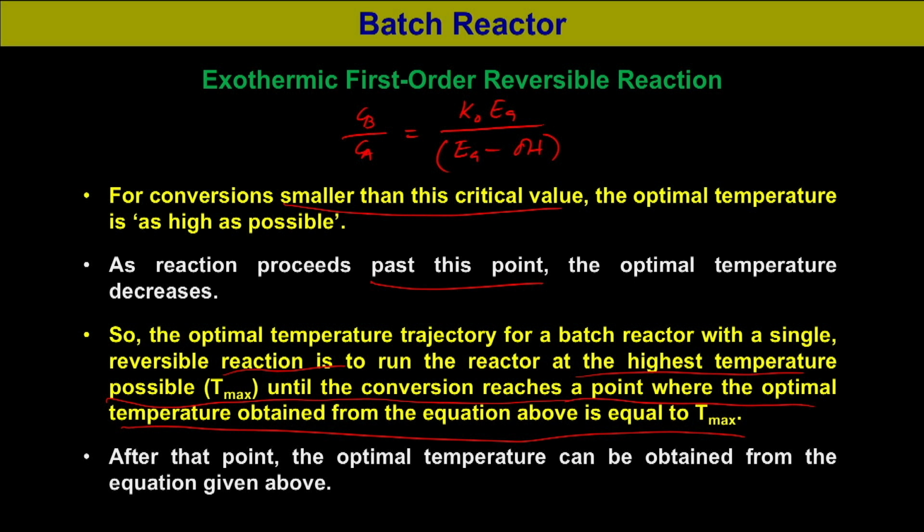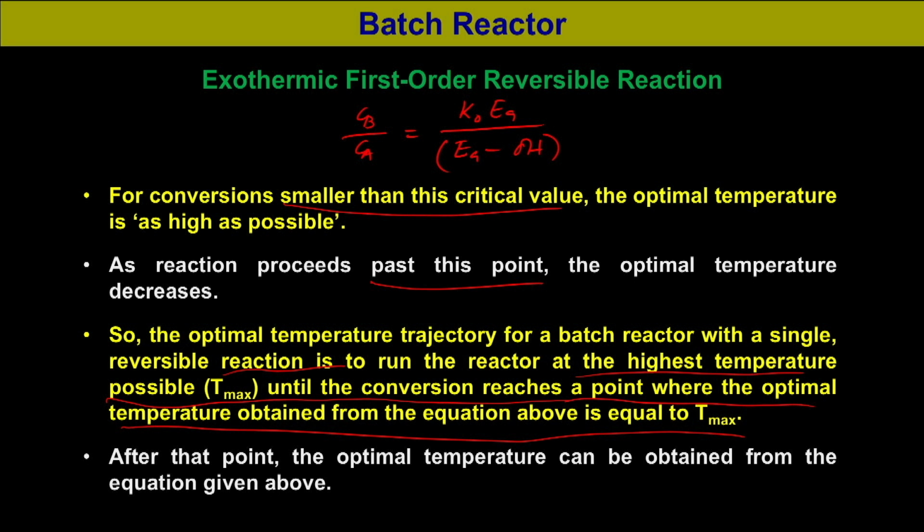So, the optimum temperature trajectory for a batch reactor with a single reversible reaction is to run the reactor at the highest possible temperature, that is T max, until the conversion reaches a point where the optimum temperature obtained from the equation above is T max. So, till it reaches the critical conversion value, we have to keep the temperature as high as possible, and that is determined by the reactor operational limits and the boiling of the reactants.